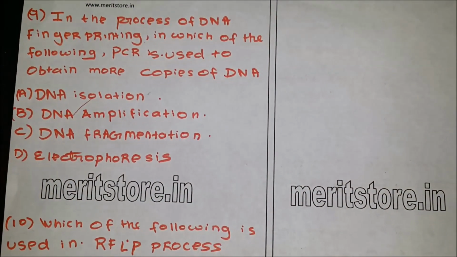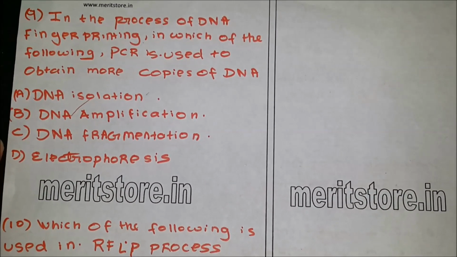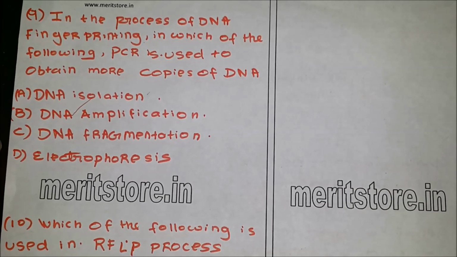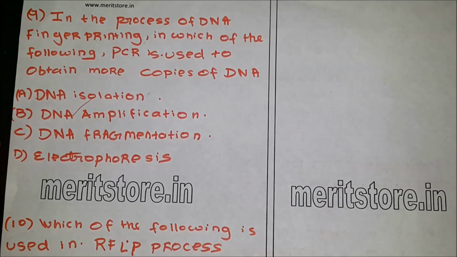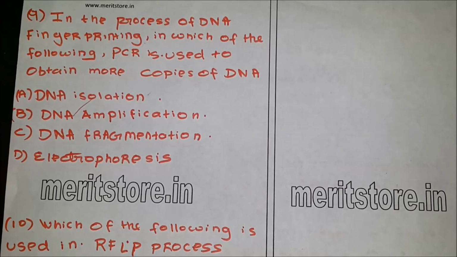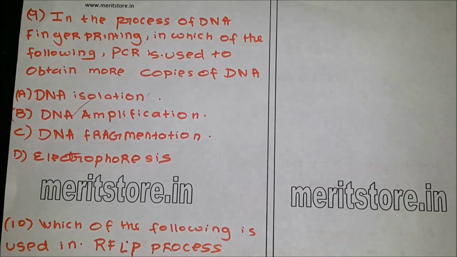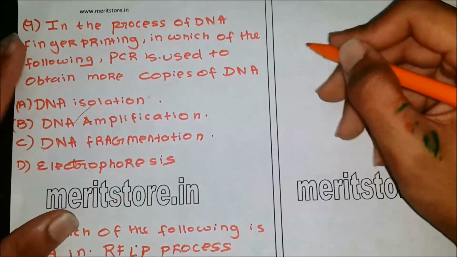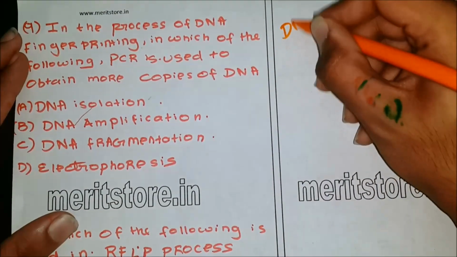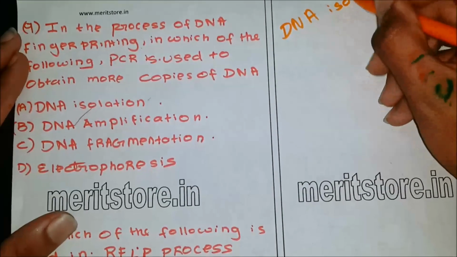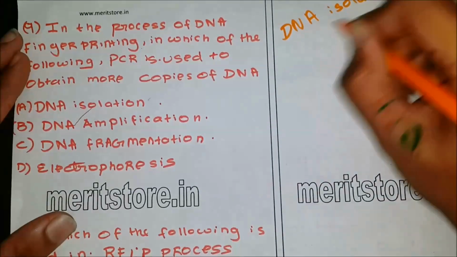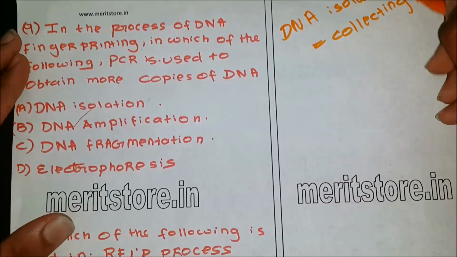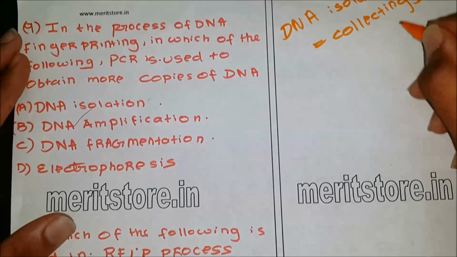In the process of DNA fingerprinting, in which of the following PCR is used to obtain copies of DNA? Our options are DNA isolation, B. DNA amplification, C. DNA fragmentation, or D. electrophoresis. DNA isolation is simply collecting the DNA from various samples.